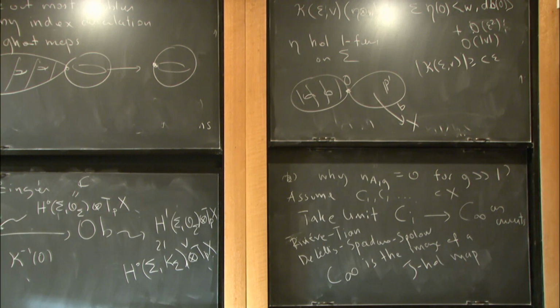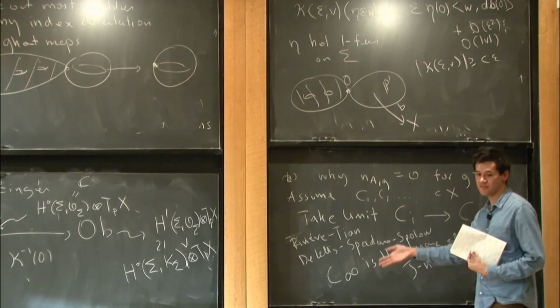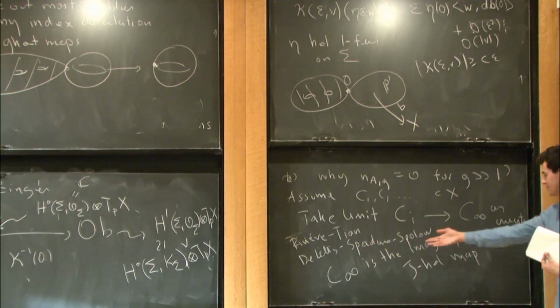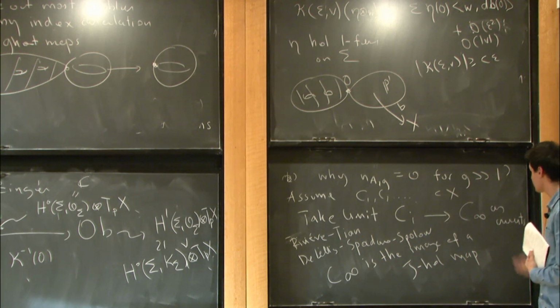And because we are allowed to choose J generic, the worst that can happen is that this is just a multiple cover of an embedding. So it's actually an embedded J-holomorphic curve in this case.